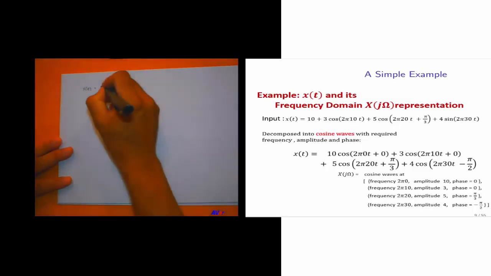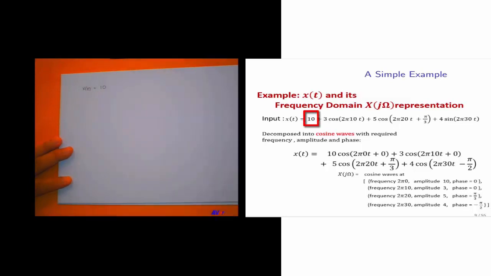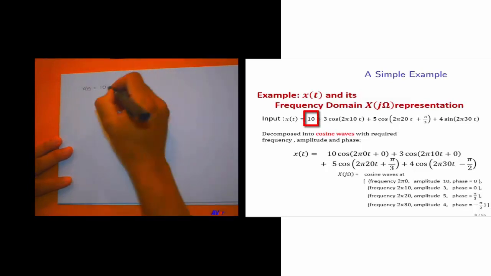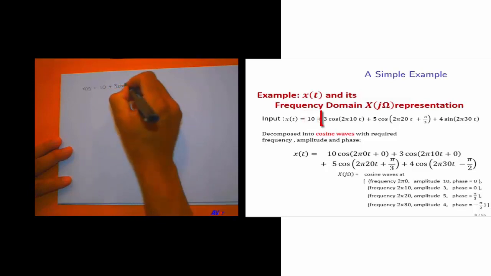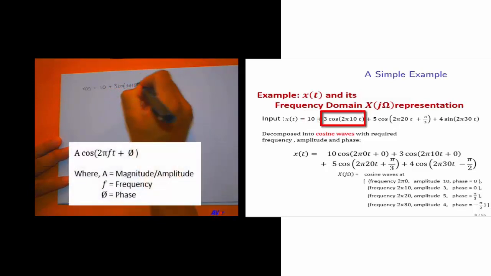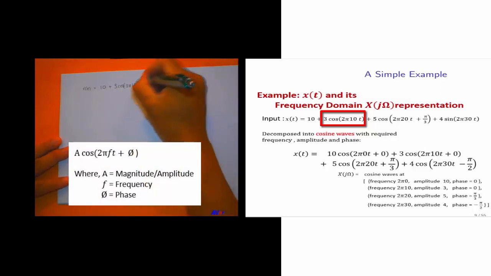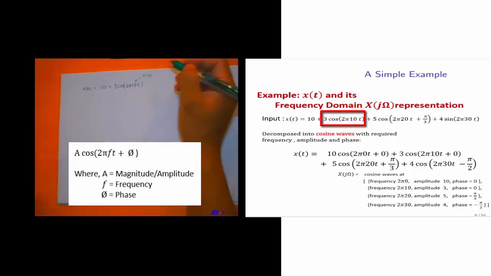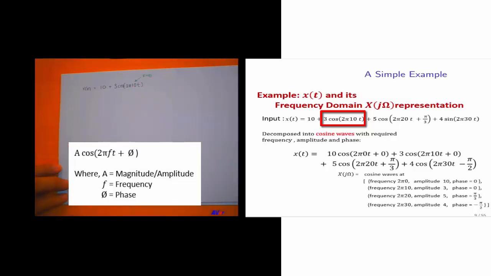It has a DC term, a constant, 10, and it has a cosine term, 3 cosine 2 pi 10 t. So it is basically a cosine wave at frequency equal to 10 Hertz. It has an amplitude of 3.